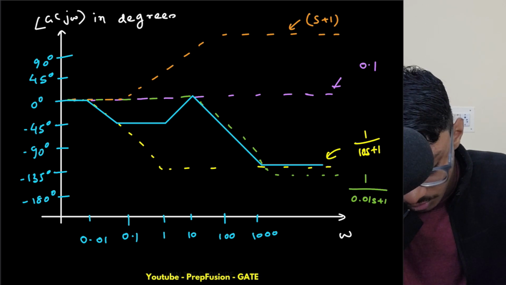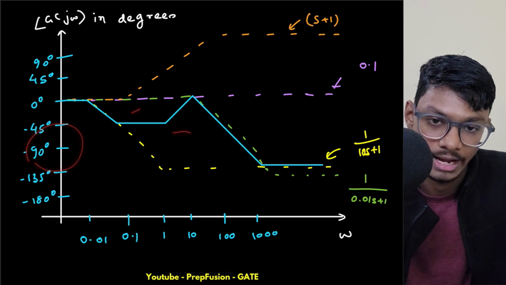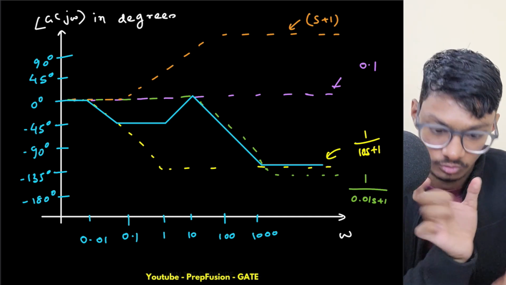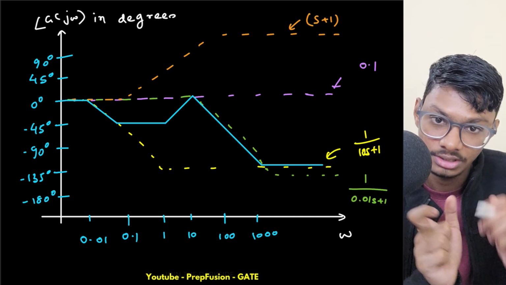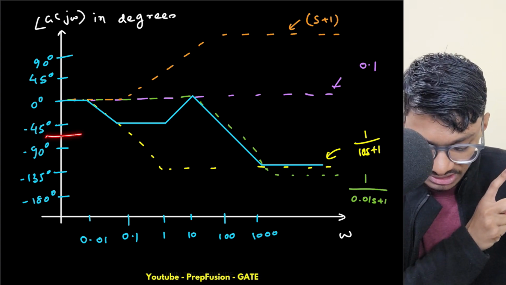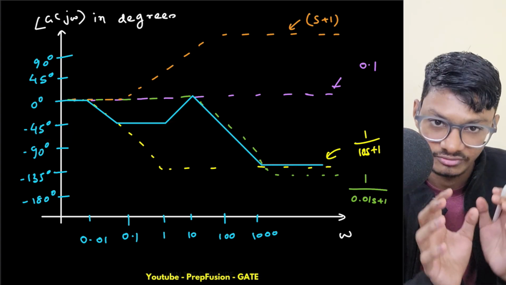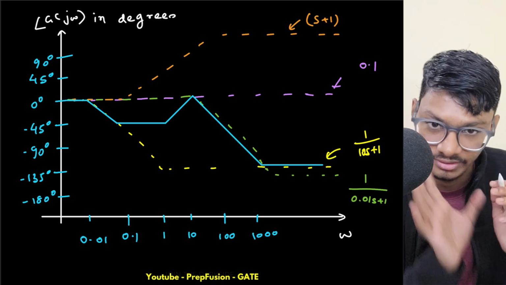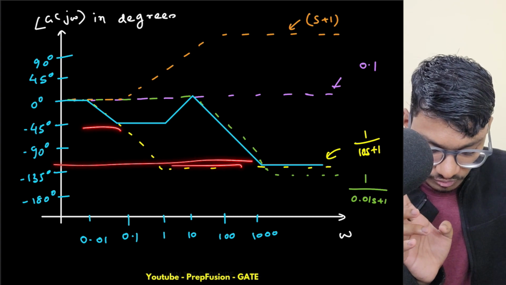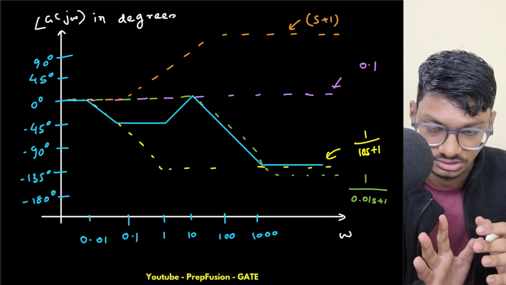Now please don't go by the exact values, because I haven't calculated them. Okay, just the shape of the Bode phase plot I'm explaining to you. By shape I mean what the slopes are at each particular region. That is more important. The angles, please don't go by the angles. The angles may be different, but the shape will remain the same. The exact values, if you just check, may be different if you exactly plot this Bode phase plot.